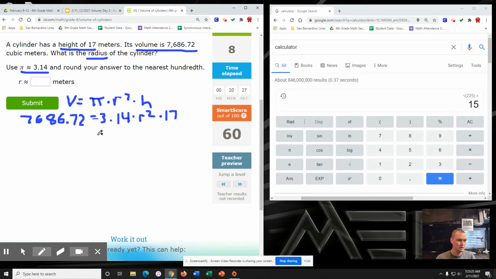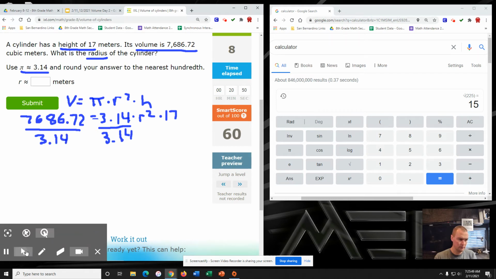All right. First step, let's get rid of pi by doing the opposite. So we're going to solve for radius squared. Therefore, we're going to divide out 3.14 and eventually divide out 17. So 3.14, if we divide that on one side, we got to divide it on the other side. So divide 3.14.